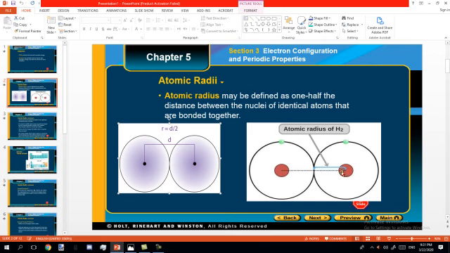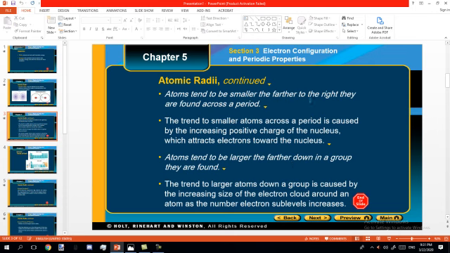Then divide this distance by 2, and you will get the radius of each atom. So you get the atomic radius and know how they measure it: two identical atoms, two atoms of the same element, measure the distance between the two nuclei, then divide this distance by 2.